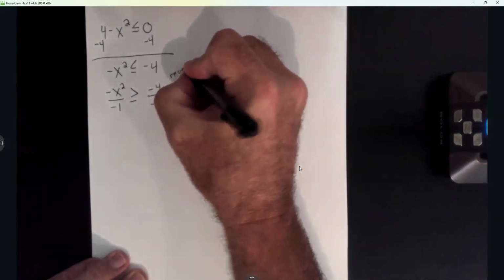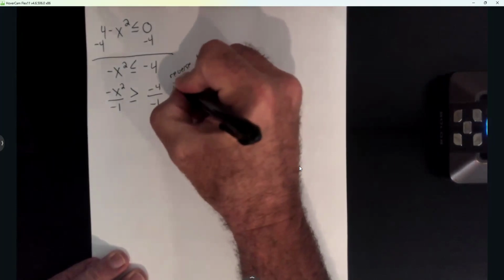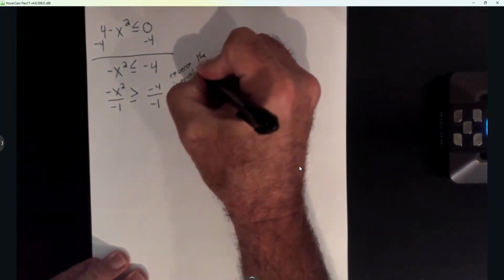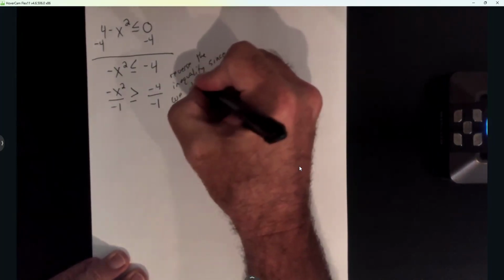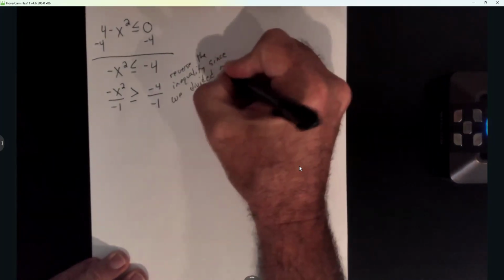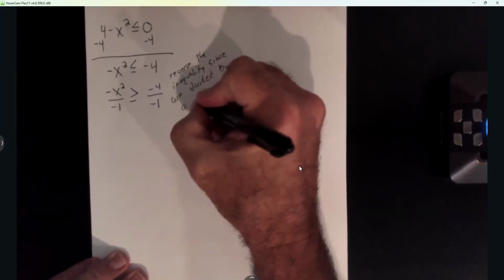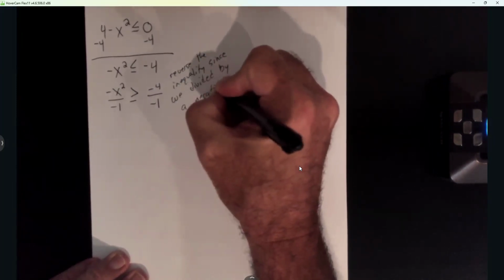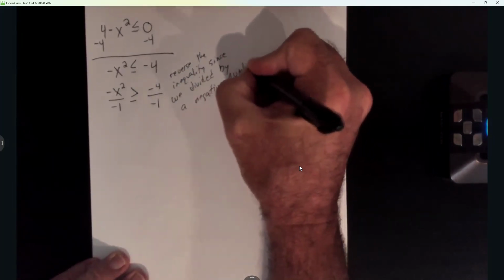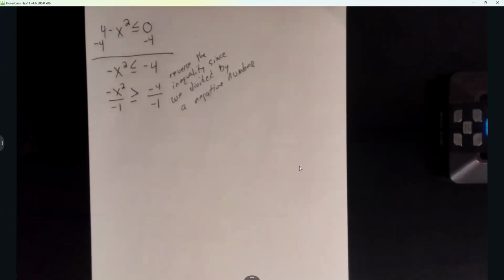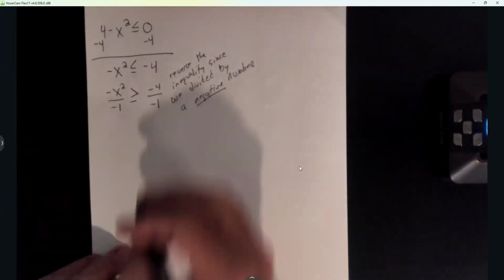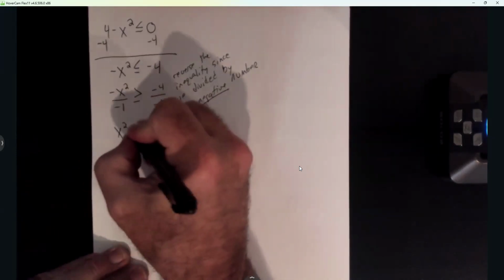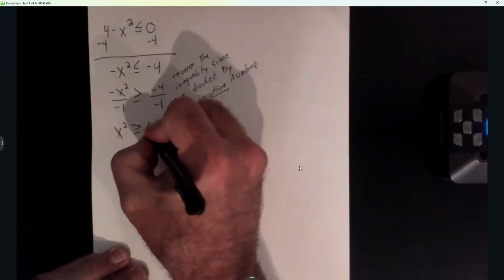So reverse the inequality since we divided by a negative. We don't switch it when we divide by positive numbers, only negative numbers, okay? So that gave me an x squared greater than or equal to a positive 4.